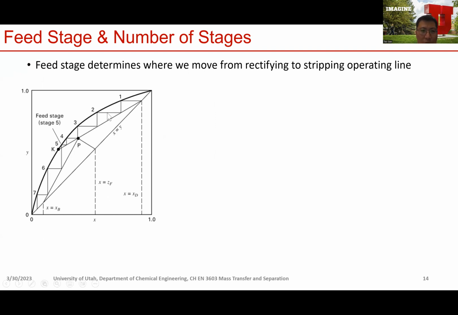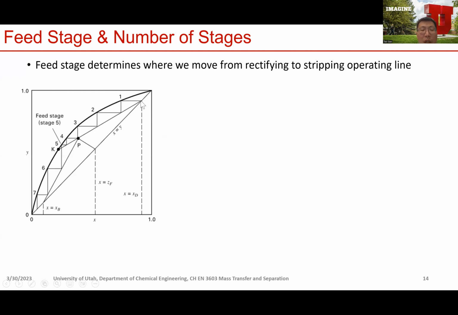We have the equilibrium line, the rectifying section operating line, and the stripping section operating line given. Also the q line is given, and they cross at this point. We know the feed composition, and we know the desired separation outcome, XD and XB.